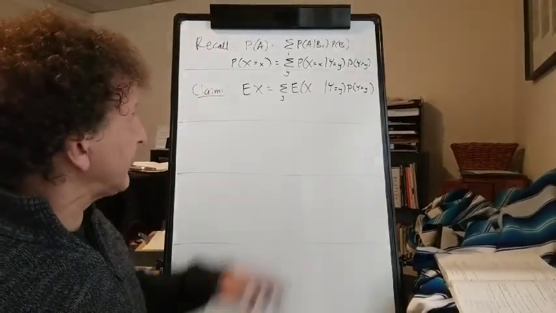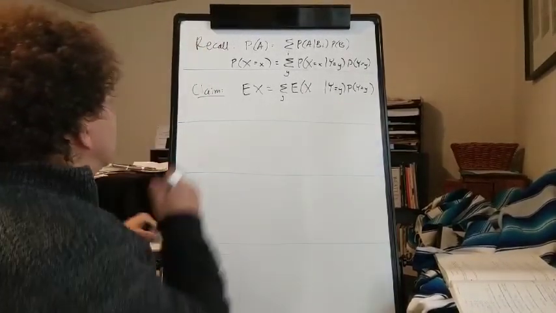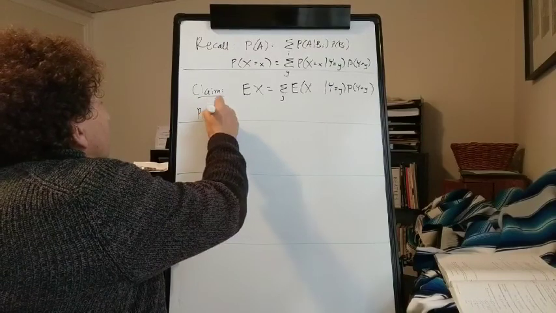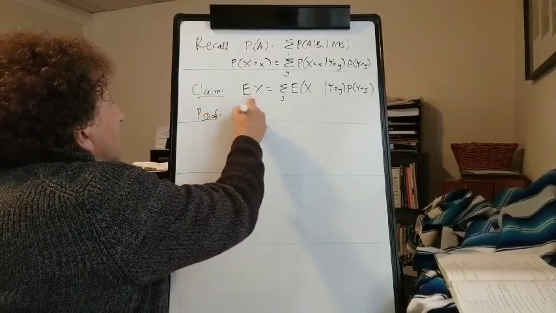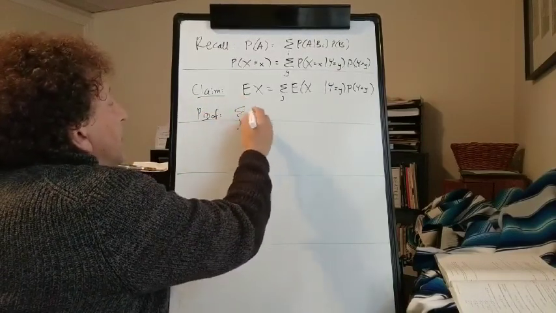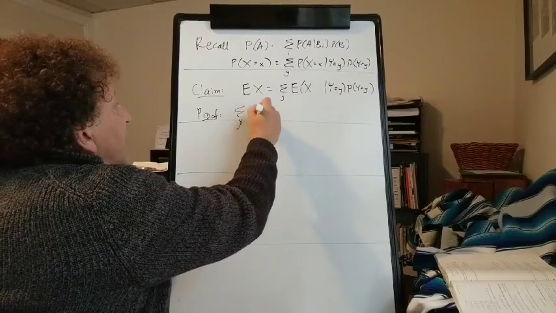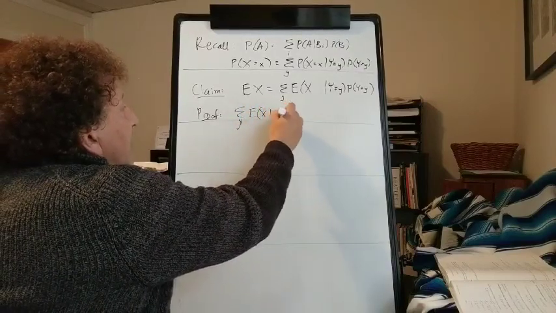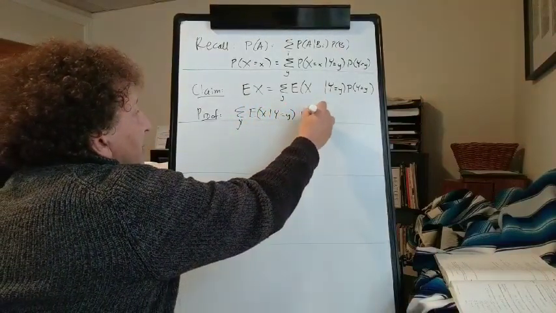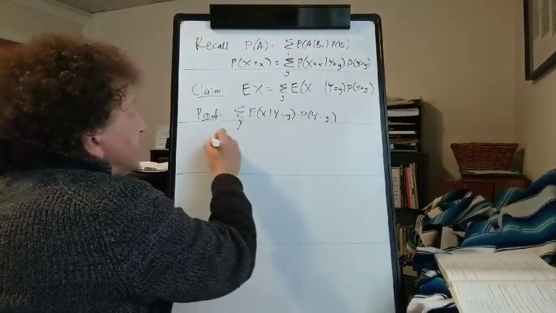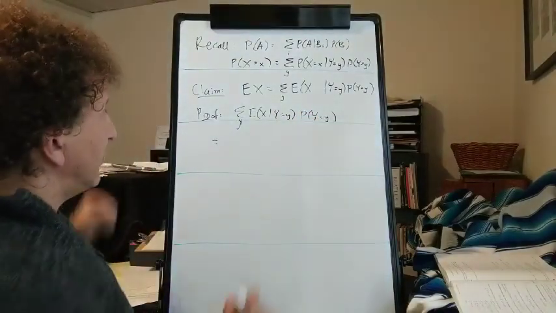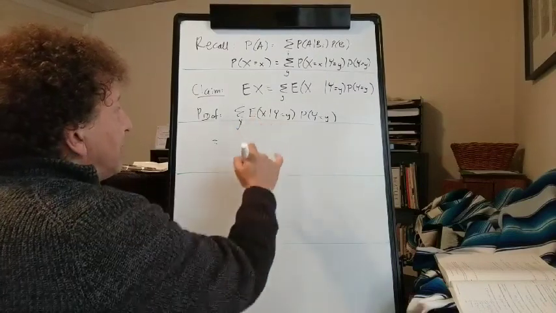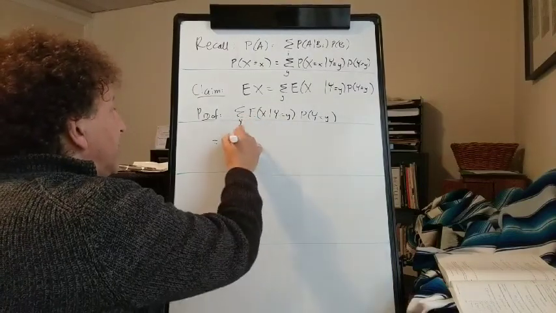All right, to prove this, let's look at the right-hand side. The sum over values little y of the expected value of X given that Y equals little y, times the probability that Y equals little y, is, well, we have a summation formula for this conditional expected value.